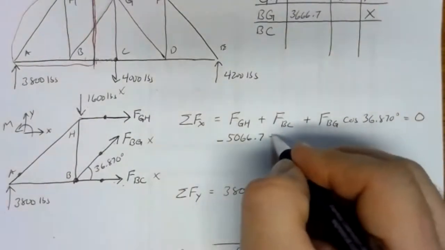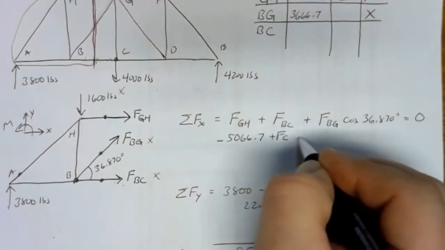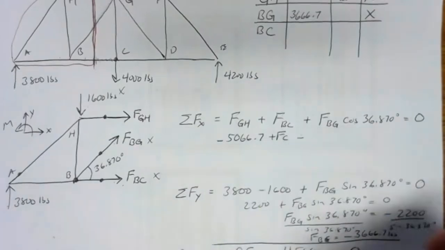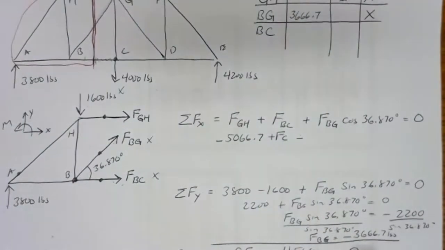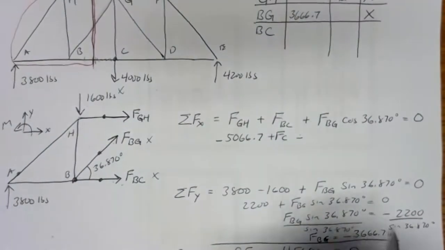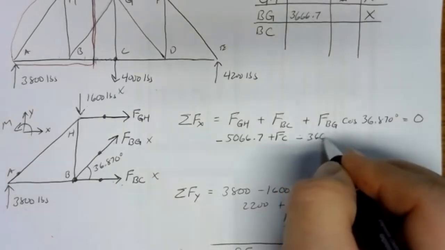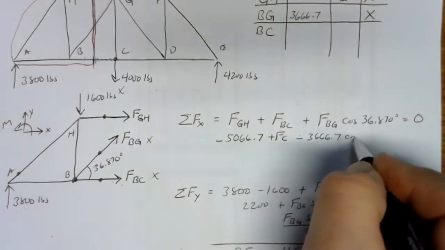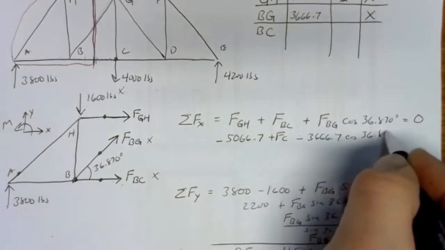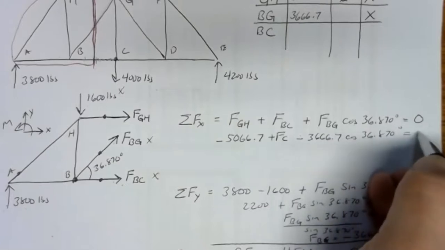FBC I don't know. And then I've got minus 3,666.7 times the cosine of 36.870 degrees.